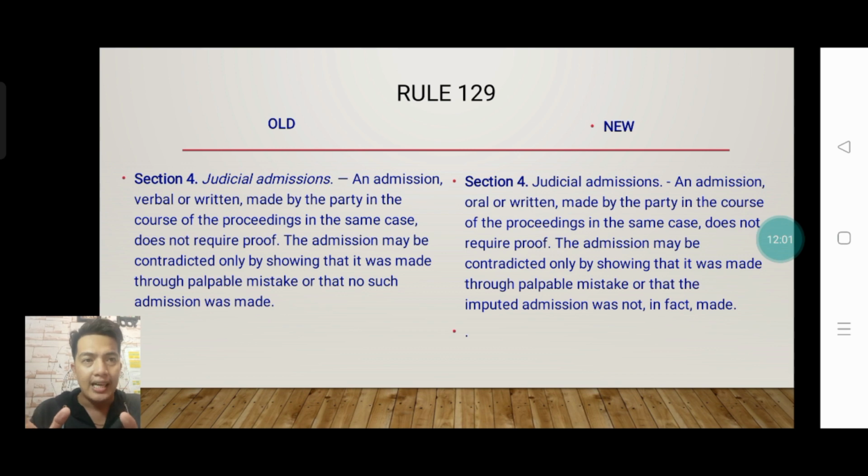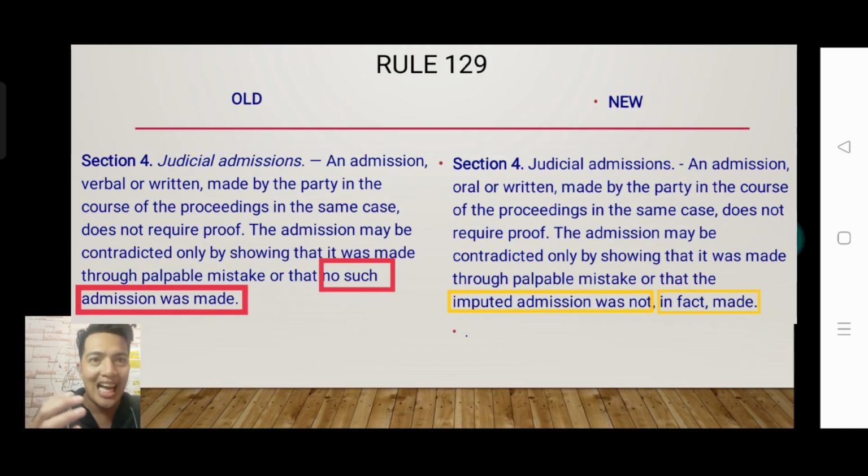What was being replaced is the phrase "that no such admission was made," and it was changed into "that the imputed admission was not in fact made." So, for that matter, under this section, Section 4 on judicial admissions, there was a so-called specific explanation on that matter.